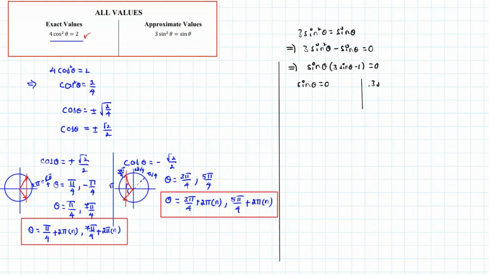Since the sine function has the period 2 pi, we add multiples of 2 pi n to 0 and pi. Therefore the solutions are theta equal to 2 pi n and pi plus 2 pi n.